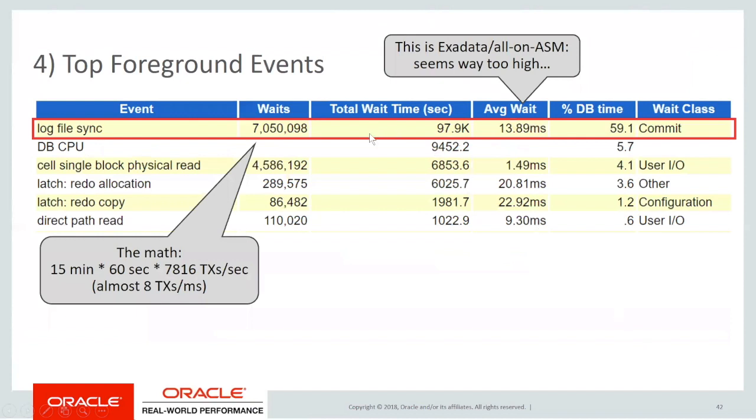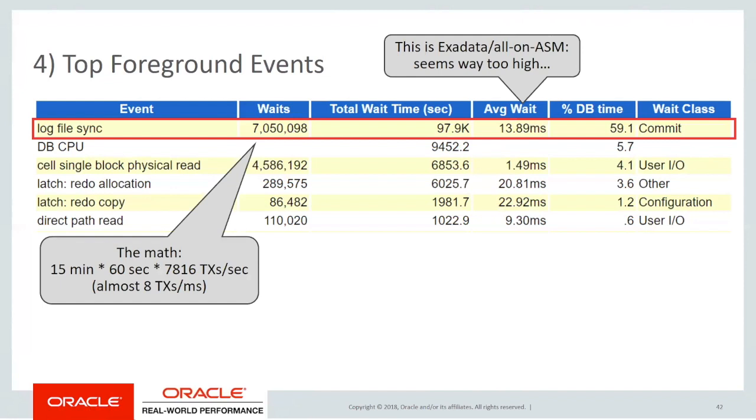Now, are we surprised that we see log file sync as the top wait event? No, we're not. Again, the approach often helps you in already understanding what you are going to see in the top foreground wait events, because we know we had a heavy transaction rate, 8,000 transactions per second. We know we have a standby and SYNC AFFIRM configured.